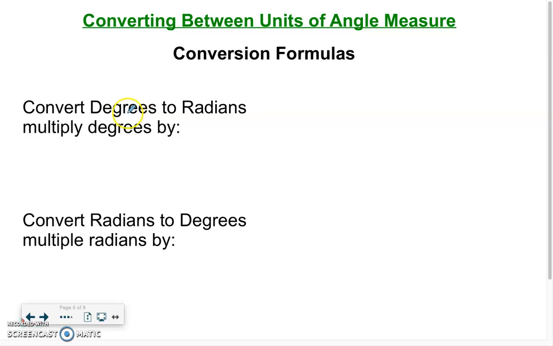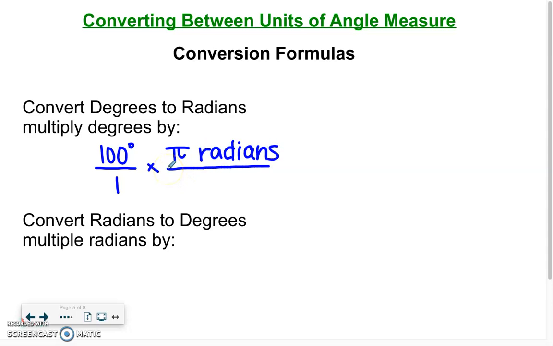So in order to convert degrees to radians, you're going to start with, maybe it'll be 100 degrees. So I have a 100-degree angle. What would that be in radians? So what you're going to be doing is you're going to take that number, put it over 1, and multiply by pi radians over 180 degrees.